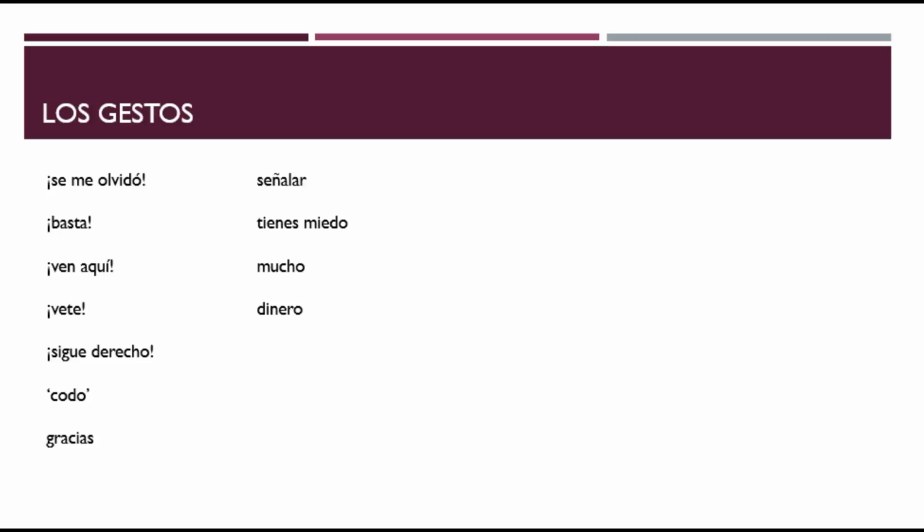Vete, if you want someone to go away, you put your hand up and pretend to push them out of the way. Basta, you cross your arms and wave them like enough. That's the same as in English, same as in America. Se me olvidó is I forgot, so you hit your forehead with your palm and your mouth drops open. Sigue derecho means straightforward, so use your arm to point straight forward.